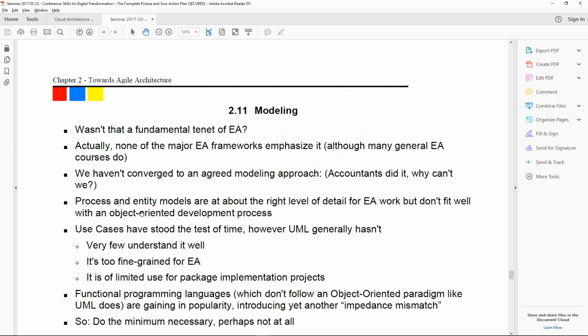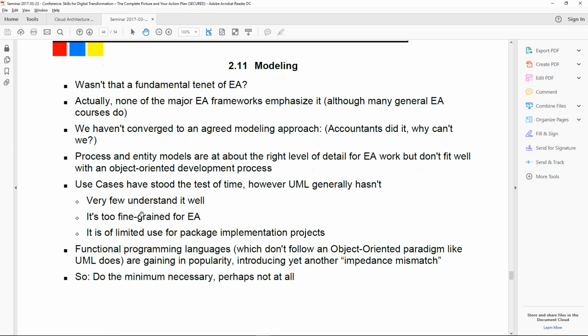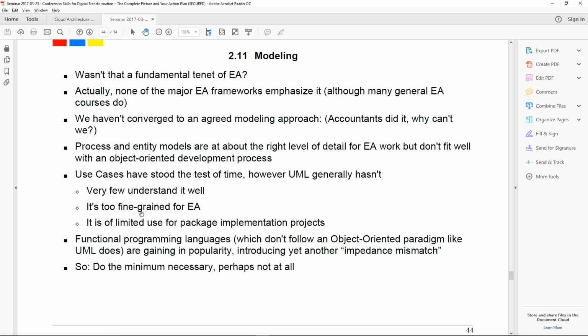Is this a fundamental tenet of enterprise architecture? Well, it's not formally in there. We don't have a necessarily agreed upon modeling approach. Use cases are really, really good. UML is over formal, and most people I know doing design have some UML background but don't do formal UML.